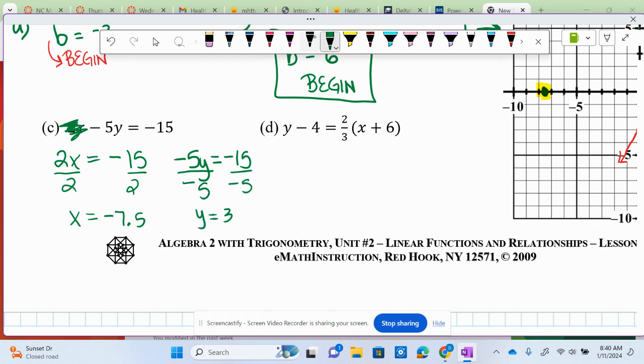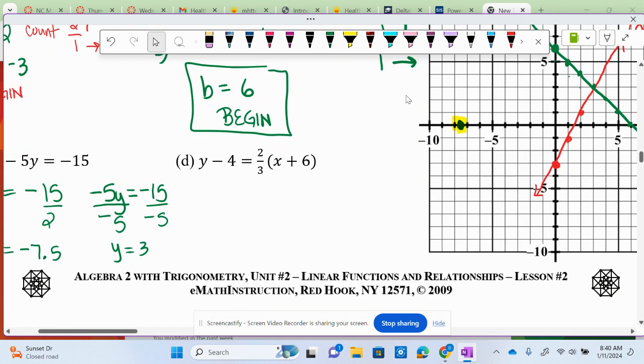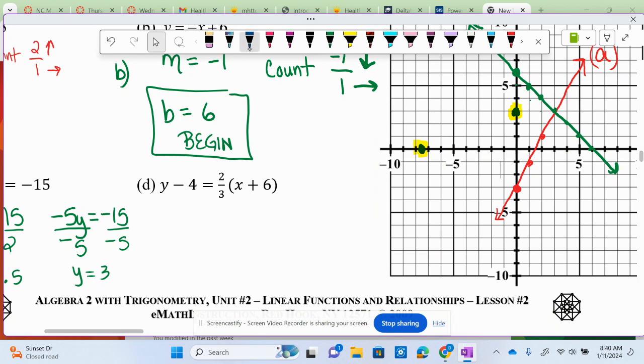Y equals 3. That means that my graph crosses the y-axis at +3. 1, 2, 3. So I've highlighted the two intercepts. Now I'm going to connect those two points with a nice straight line, and I'm going to label it C.